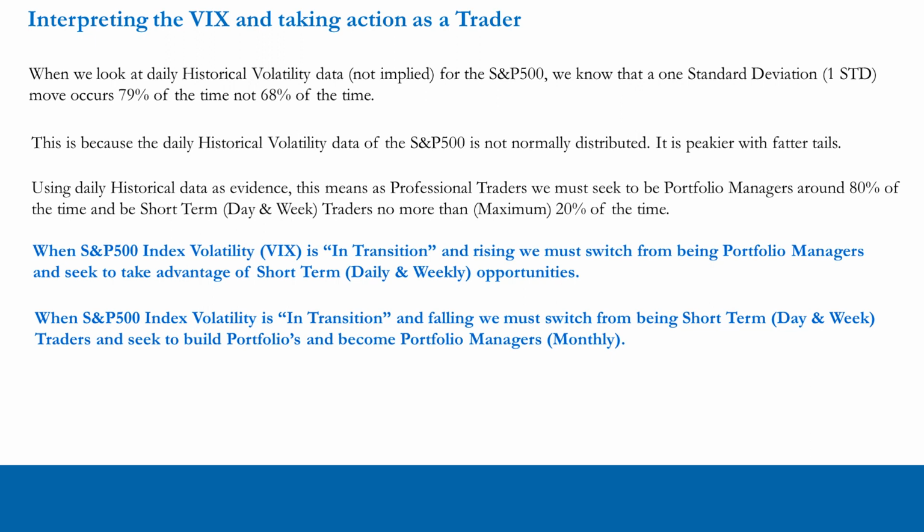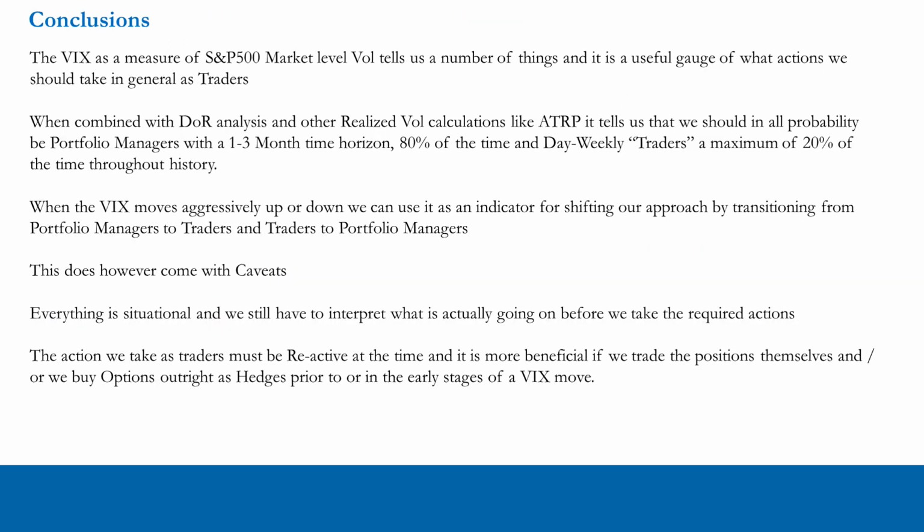But what conclusions do we reach here from analyzing the VIX? It's a useful gauge. What it does initially, when we're in the educational development phase, is it really solidifies again what we learned in the distribution of returns analysis and the ATRP analysis.